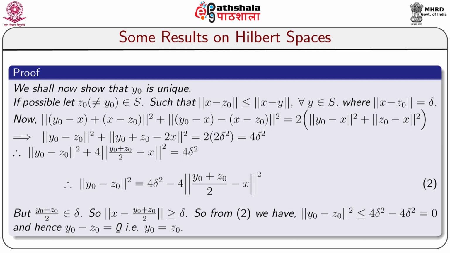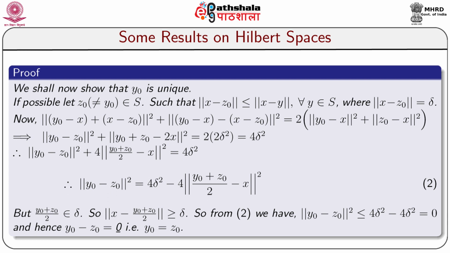So, norm Y0 minus Z0 square plus 4 times norm of (Y0 plus Z0 by 2 minus x) square equals 4 delta square. So, norm of Y0 minus Z0 square equals 4 delta square minus 4 times norm of (Y0 plus Z0 by 2 minus x) square. But (Y0 plus Z0) by 2 belongs to capital S, as S is convex.